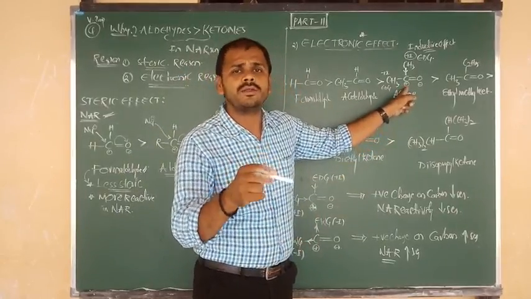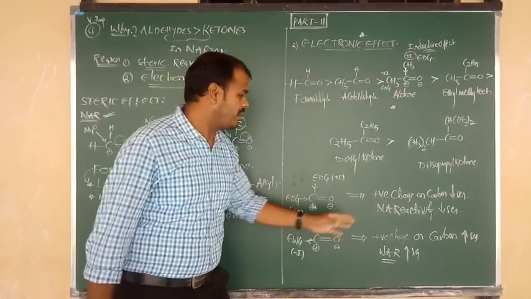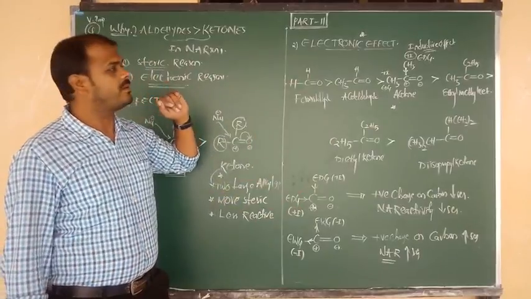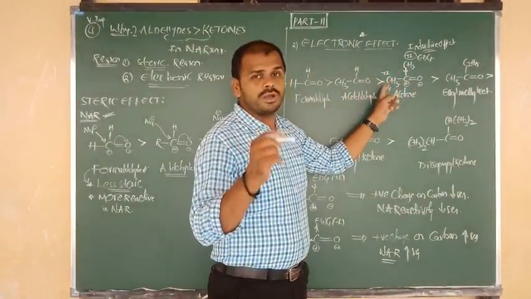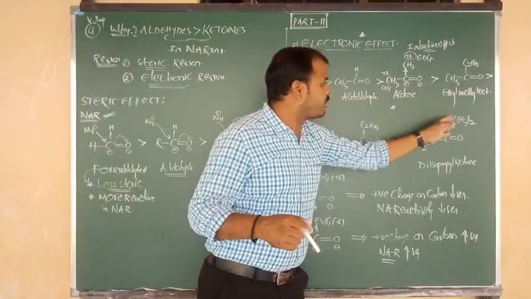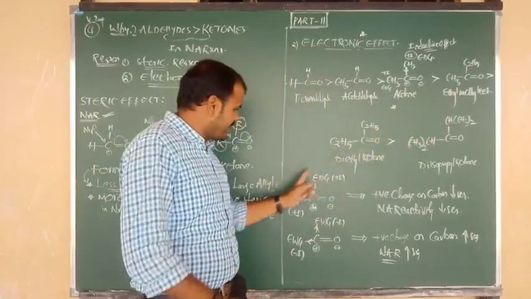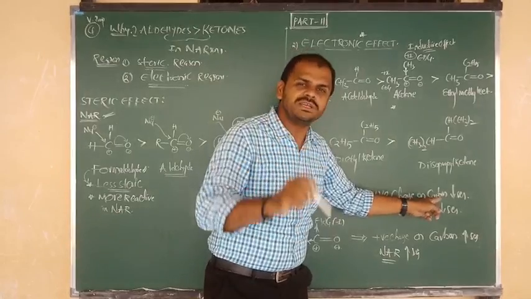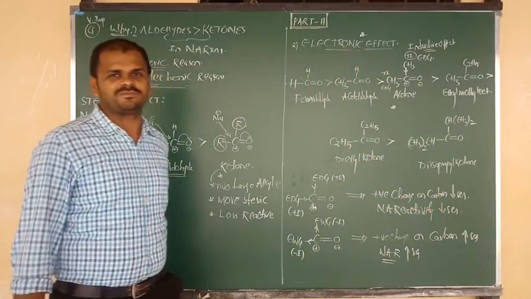So it slowly undergoes nucleophilic addition, means nucleophilic addition reactivity decreases. I hope you understand all that clearly. So here small donating, here bulky donating, again more bulky donating. As the donating nature increases, positive charge on carbon decreases. Such reduction nature is called electrophilic effect.